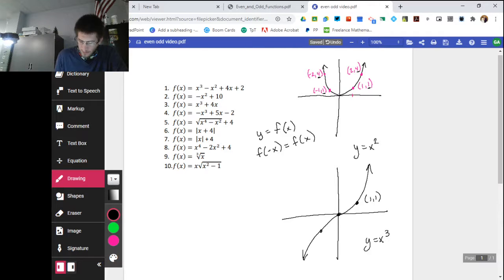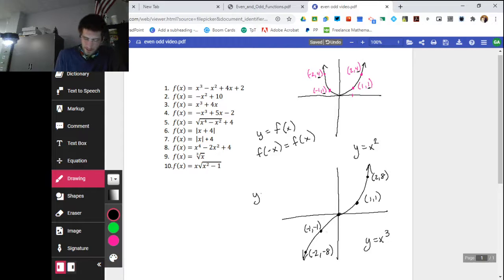If I put a negative 1 in, negative 1 to the third is negative 1, so it's the opposite, the negative of what I got in the original. If I put a 2 in, 2 to the third is 8. If I put a negative 2 in, negative 2 to the third is negative 8. So you can see if I put a negative value in, I get a negative answer: 1 to negative 1, or 8 to negative 8, etc.